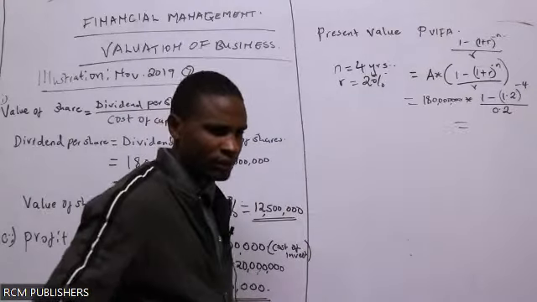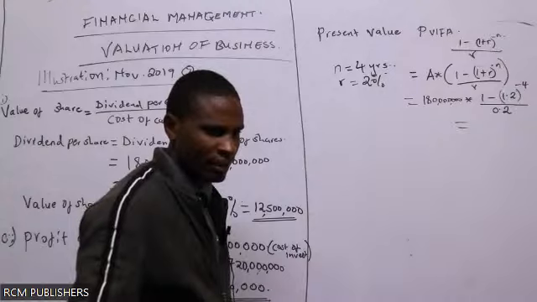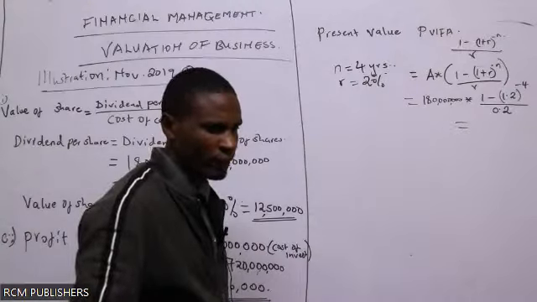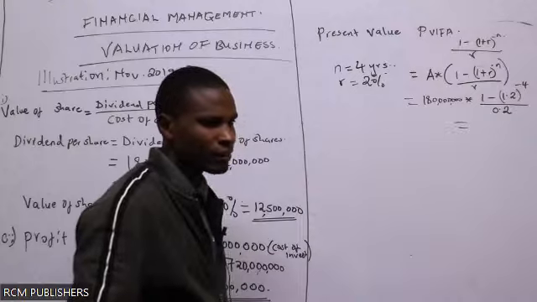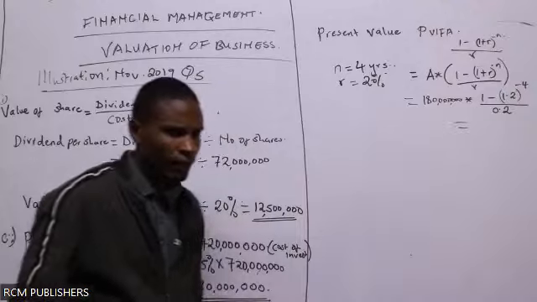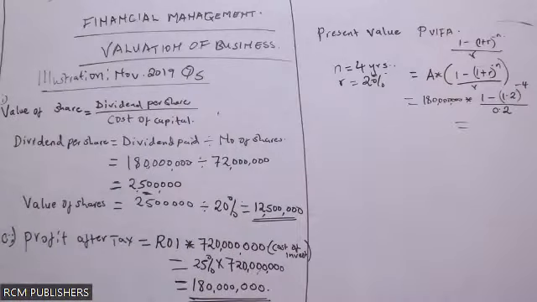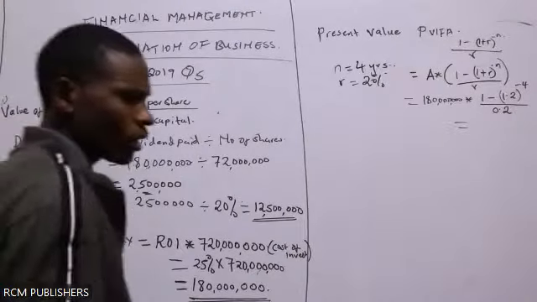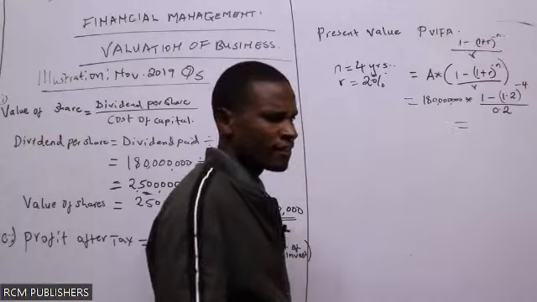So it's 465, 972, 222. Any other person? How are you people getting that?